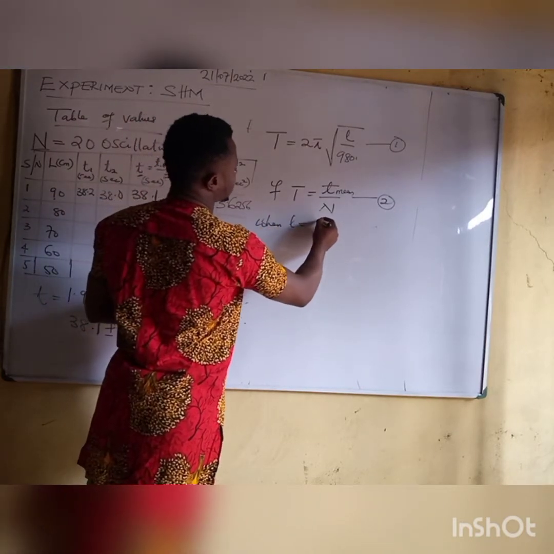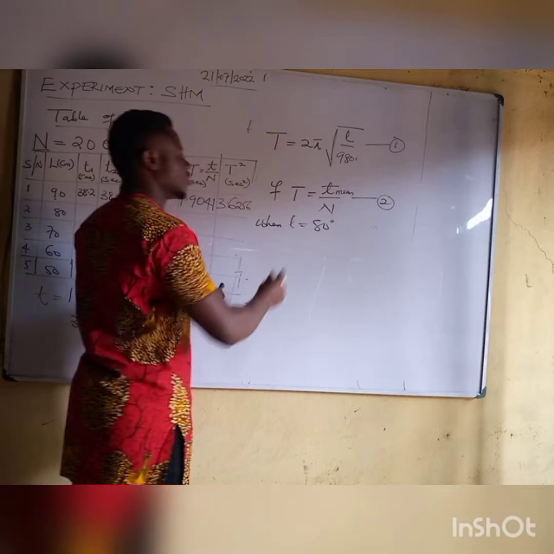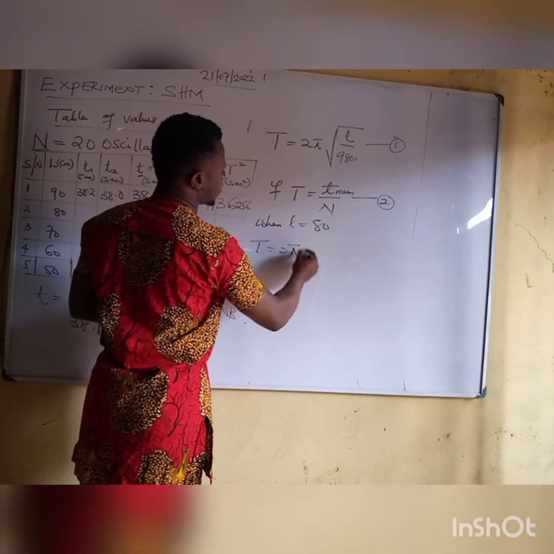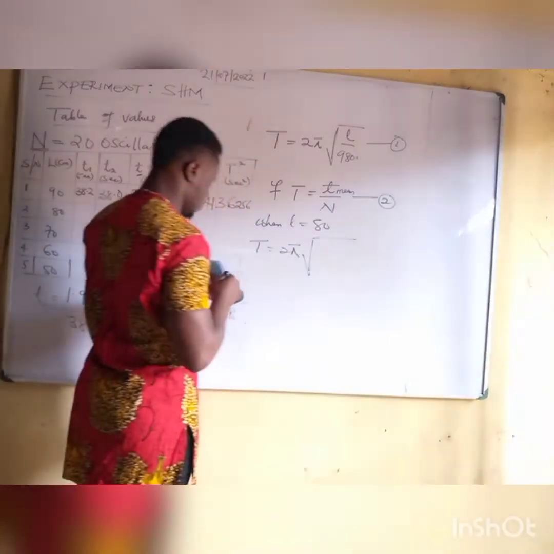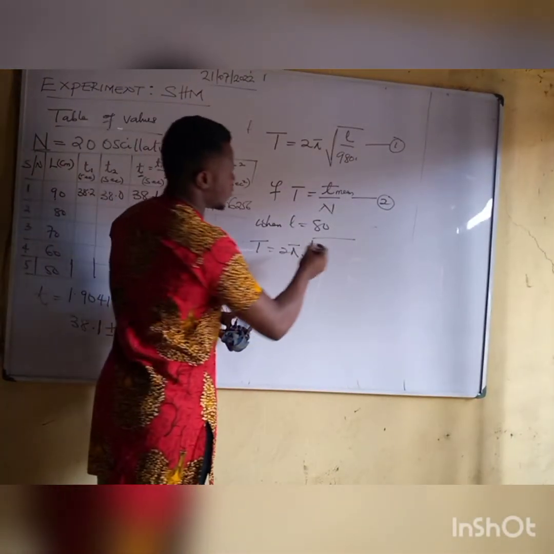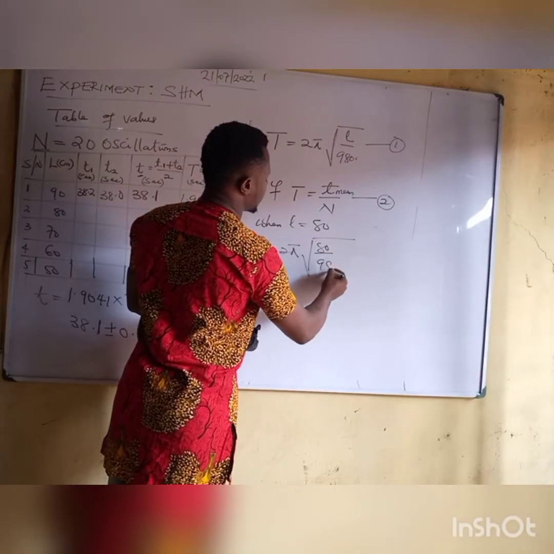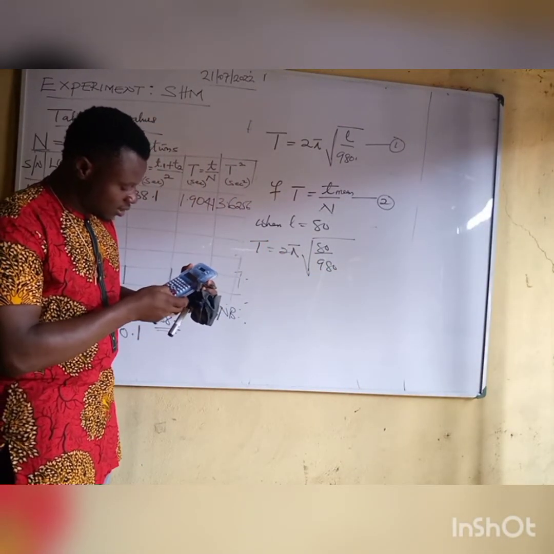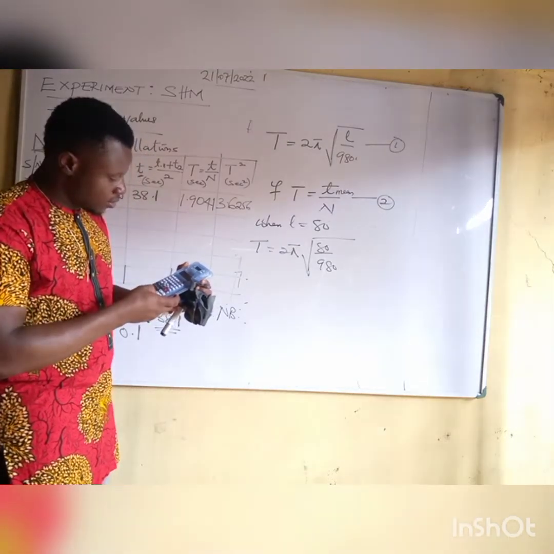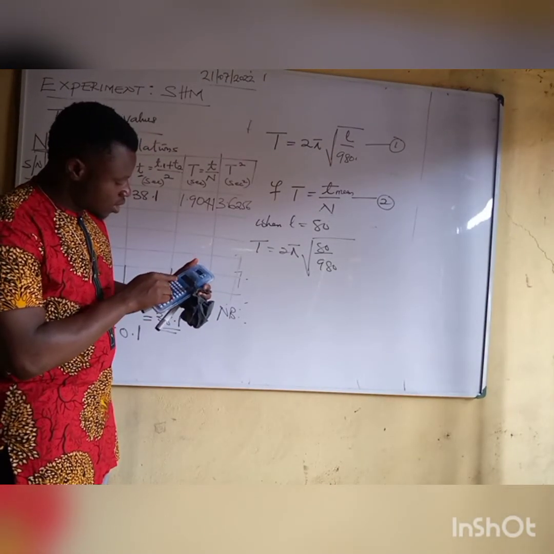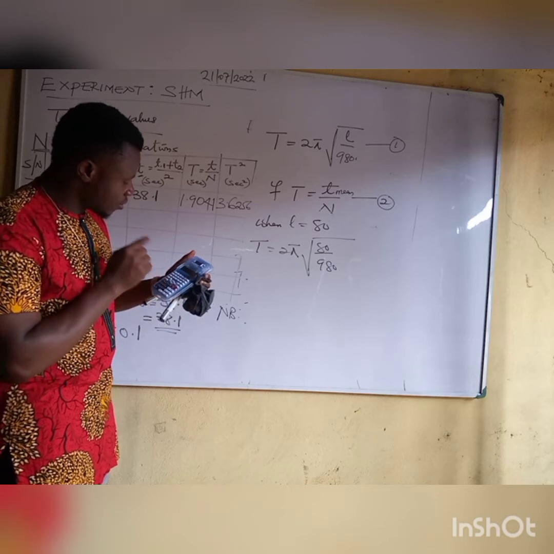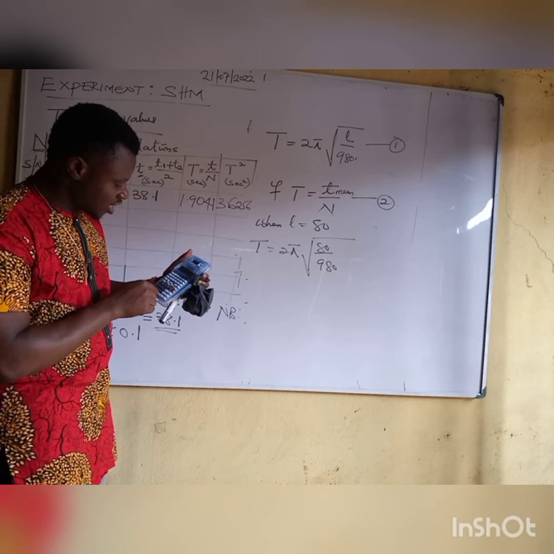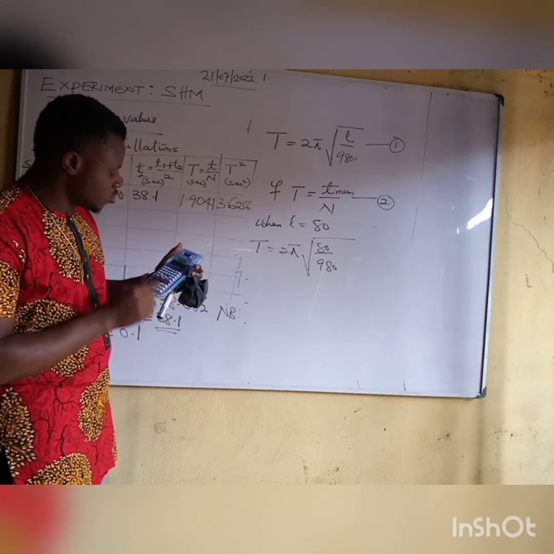When L is 80, what are we going to do? You now say T is equal to 2 pi square root of L over g, which is 80 over 980. When you press it, 80 divided by 980, you have your answer. Then the square root of that answer. Multiply by 2 shift exponent to get pi. That is 2 pi.